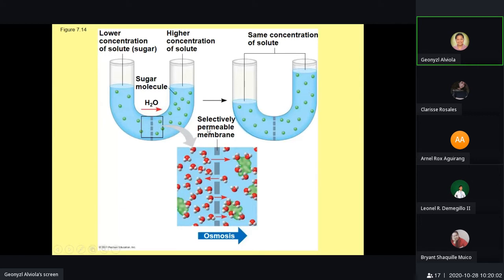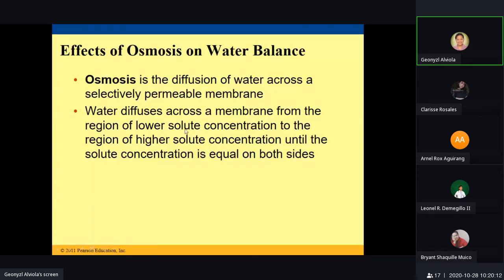So, if we go back to the definition, from the region of lower solute concentration to the region of the higher solute concentration until the concentration is equal on both sides. So, ito yung nangyayari.